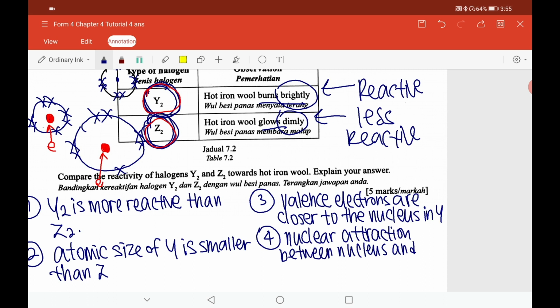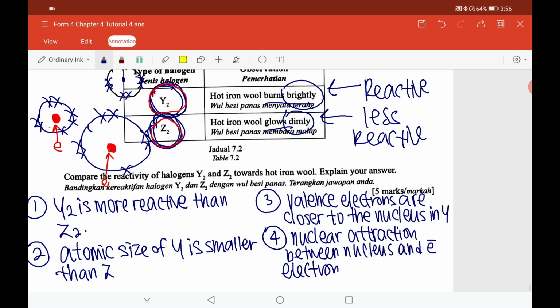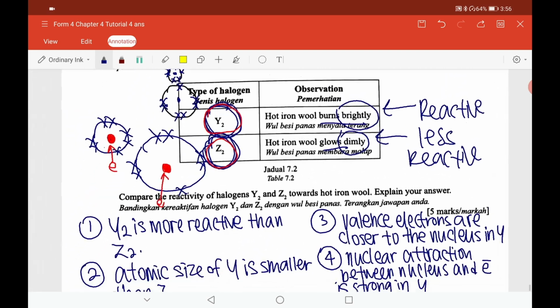I just put the short form here, e minus, but in the exam you cannot write e minus, you have to spell out electron. So the nuclear attraction between nucleus and electron is stronger in element Y. In element Y there is a stronger pulling force.